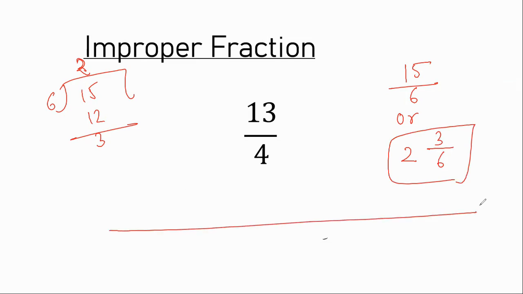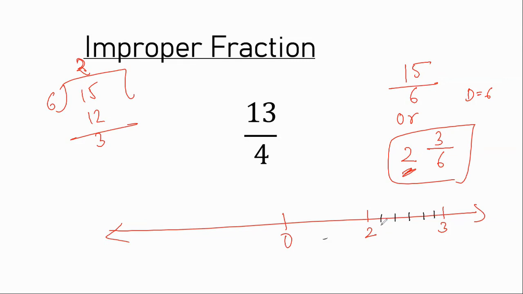Now I have to see the middle number. The middle number is 2 here, so this number will lie between 2 and 3. Now, 3 over 6. The denominator is 6, so I have to make 6 equal parts. For 6 equal parts, I will draw one less line, that is 5 lines: 1, 2, 3, 4, and 5.